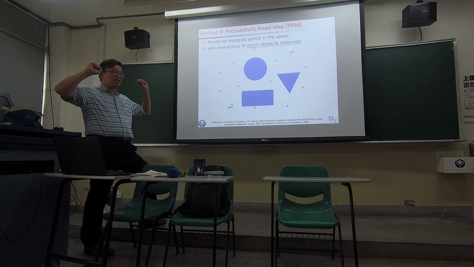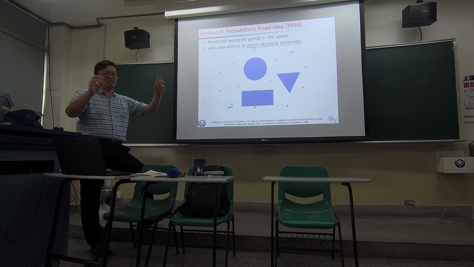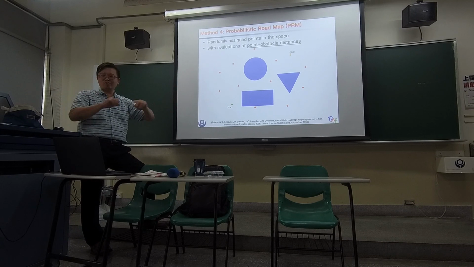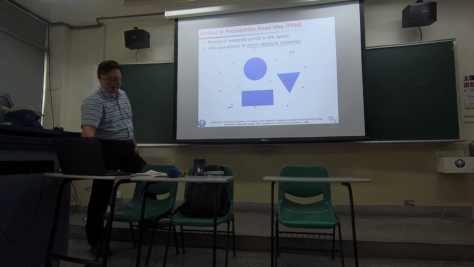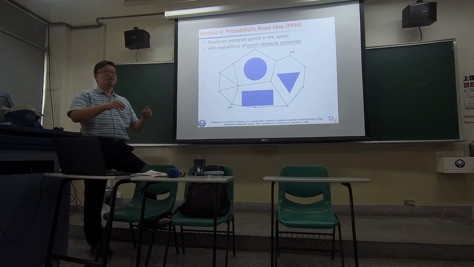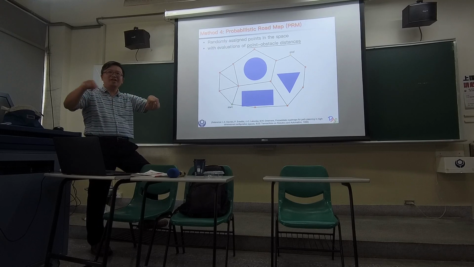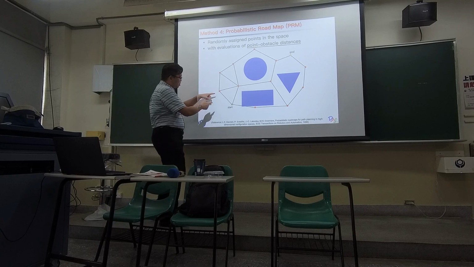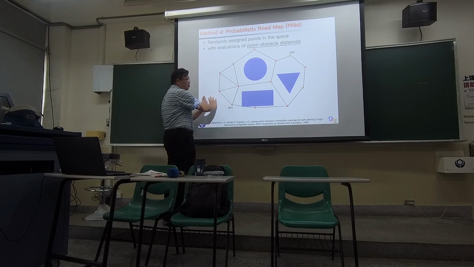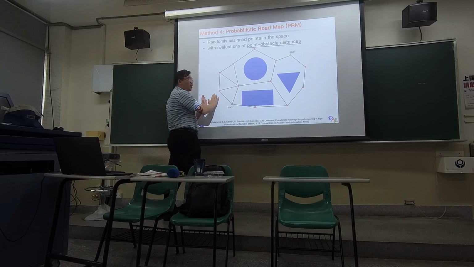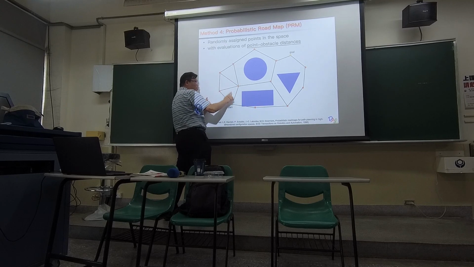They basically assign random intermediate points in the space, just randomly assign them, and then try to connect the dots with straight lines. They don't connect the long ones. They just try to find the closer ones surrounding every point, and then try to connect them.